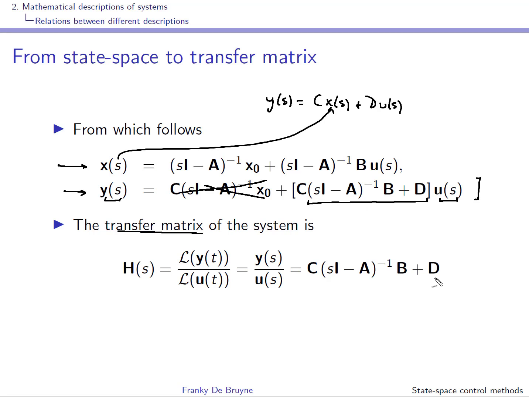So this is how you can compute the transfer matrix of a system, and you should be able to find this quantity back so that you can compute a transfer matrix of a system. So please don't learn it by heart, just go through the procedure that we have just done.